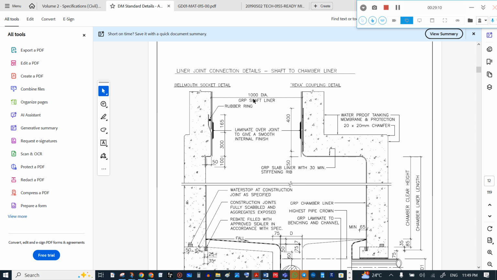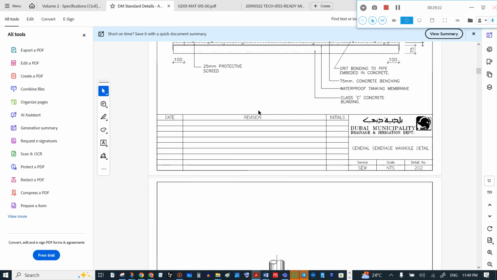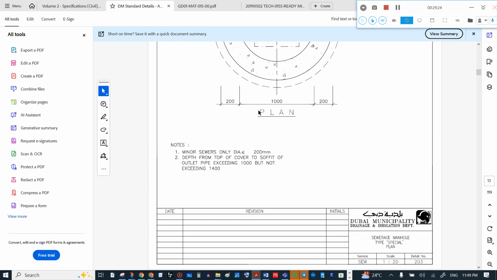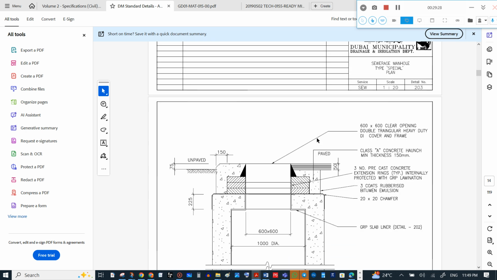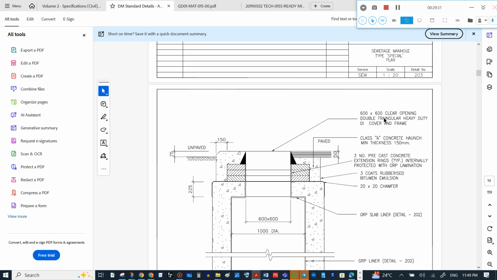Then we have the cover slab opening, and this double triangle heavy duty DA cover and frame, class A concrete haunch. Why haunching is provided, and extension rings, then 3 coats of rubberized bitumen emulsion is provided here for the haunch, etc. We will discuss.